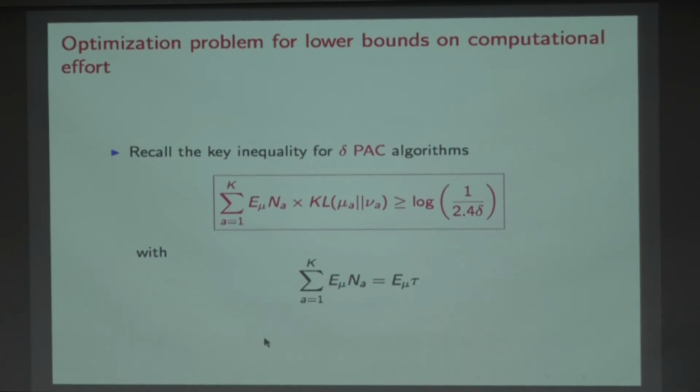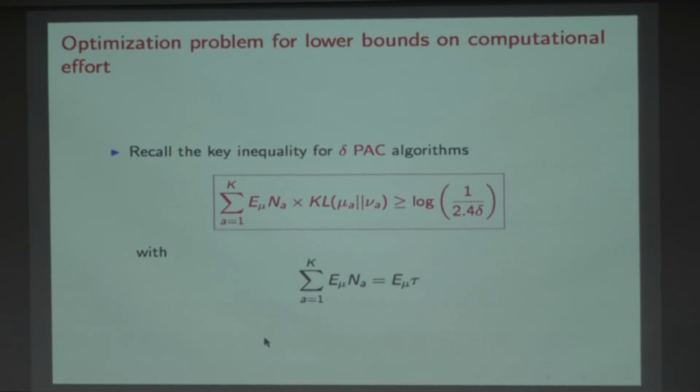So the point is this, that this is where things become kind of fun. Every delta-PAC algorithm in this nice space of single-parameter exponential families has to satisfy this inequality. And the computational effort of that algorithm I'm going to say is E of tau. It's just this summation. This is the number of samples I'm generating on average, right?